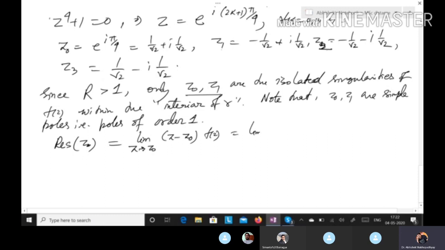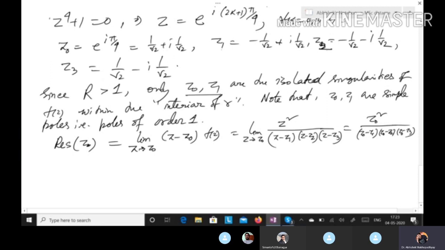That means the limit as z tends to z0 of z squared plus i, divided by (z minus z1)(z minus z2)(z minus z3). Putting the limit, it is z0 minus z1, z0 minus z2, z0 minus z3.